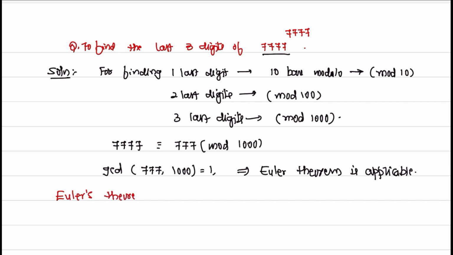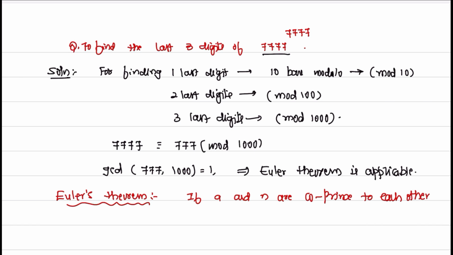Euler's theorem states that if A and N are co-prime to each other, that means any arbitrary number A and any arbitrary number N, if they are co-prime to each other, then A to the power of phi n is equivalent to 1 mod n.